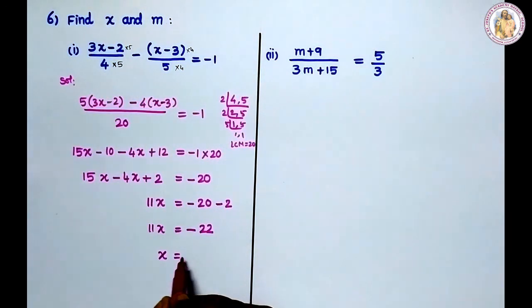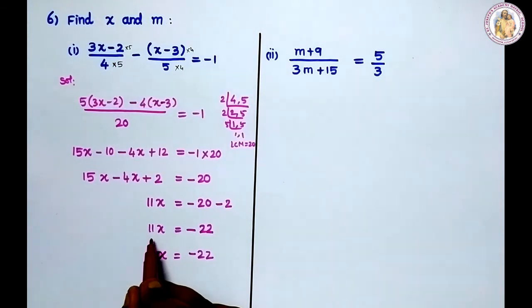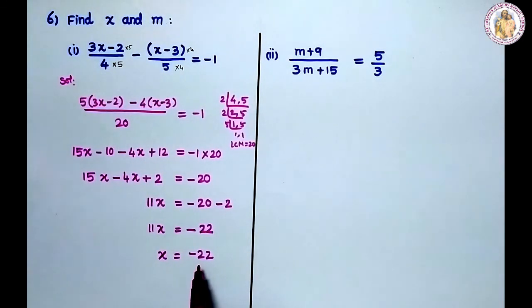So x equal to minus 22. Here 11 is in multiplication. Bring this side means division. So x equal to minus divided by plus, minus 22 divided by 11, 2. So the value of x is minus 2.